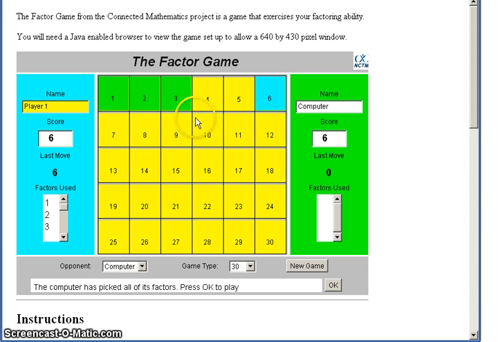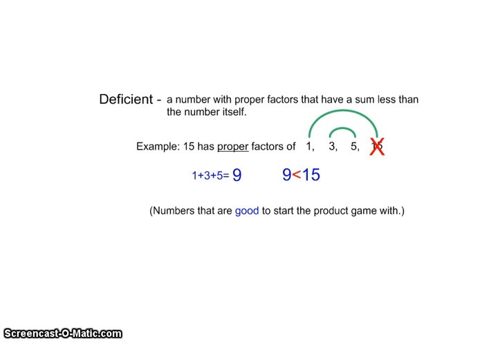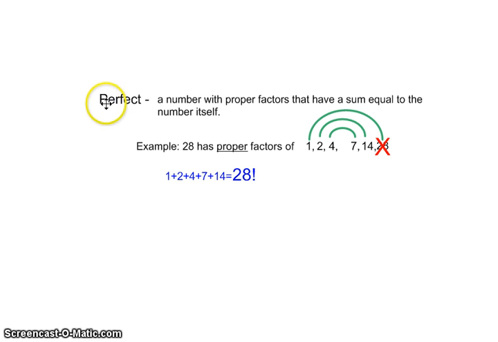6, 1, 2, and 3. Oh, what's going on here? 6, I got 6 points, and the computer also got 6 points. So it's not abundant, it's not deficient, and therefore we need another word for it. Numbers that the proper factors add up exactly to the number itself are called perfect, because it's so perfect that they add up so perfectly to equal the number itself.